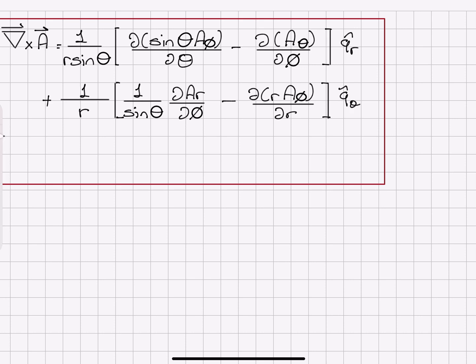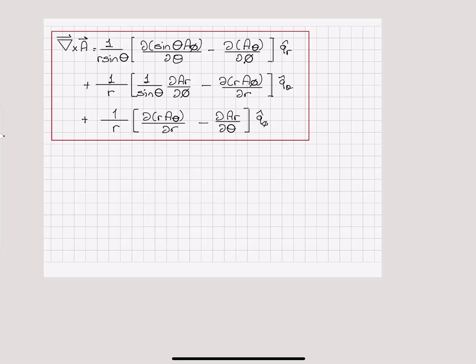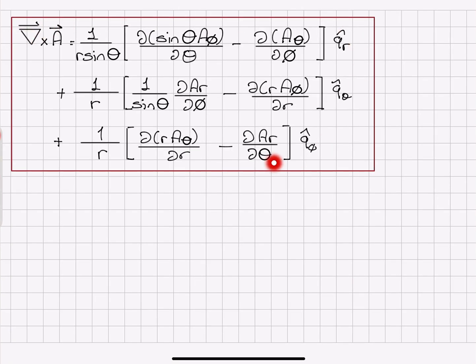And then we have plus 1 over r again, del r A_theta del r minus del A_r del theta, and this is in the q_phi hat direction. So this will be our final answer for the curl of A written in spherical coordinates.